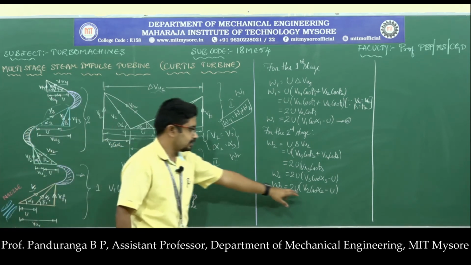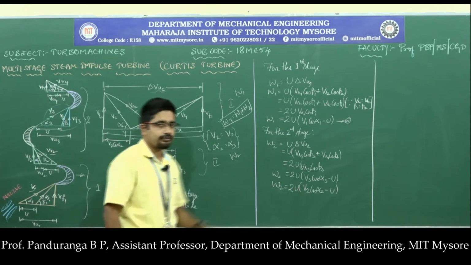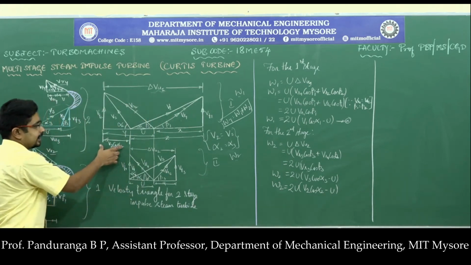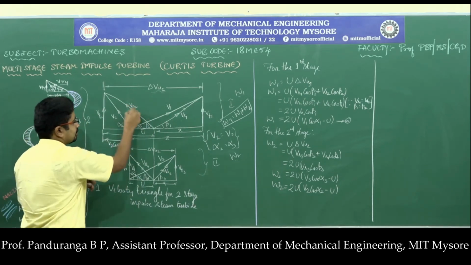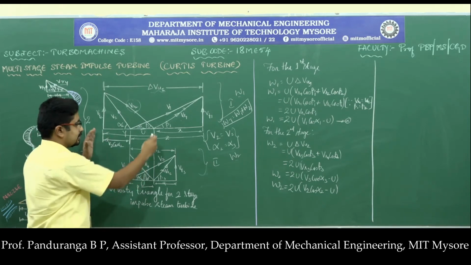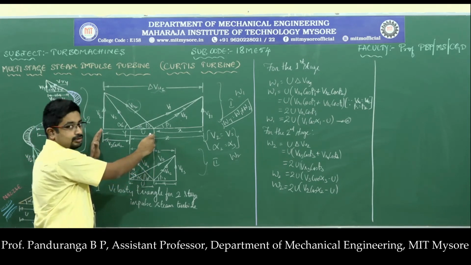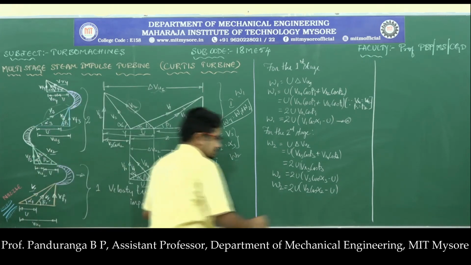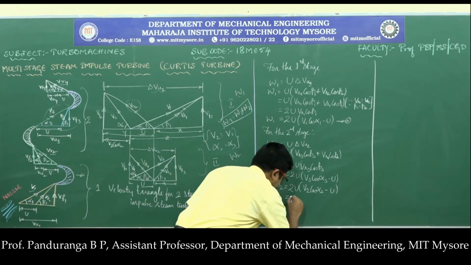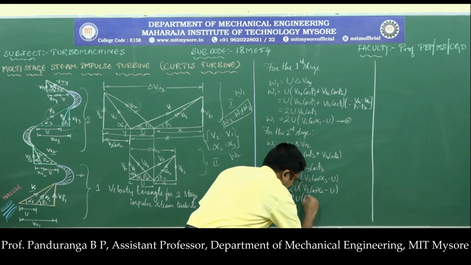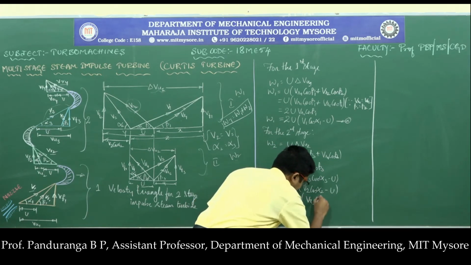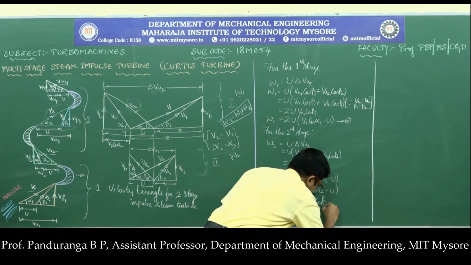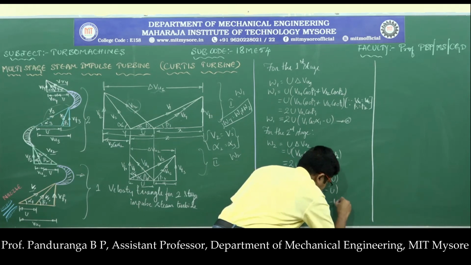So here in place of V2 cos alpha 2, that is this length, I will write it as the horizontal component of VR2. So that is VR2 cos beta 2 minus u. Okay. So in place of V2 cos alpha 2, I will write 2u into VR2 cos beta 2 minus u.